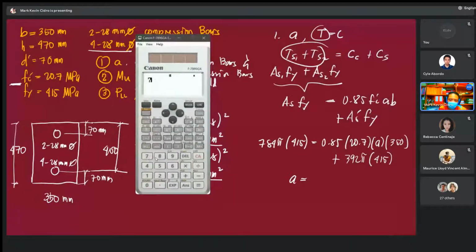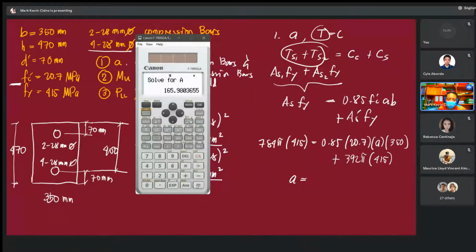This is 784 pi multiplied by 415, equal to 0.85 multiplied by 20.7 multiplied by 350A, plus 392 pi multiplied by 415. We are to solve for the value of A.